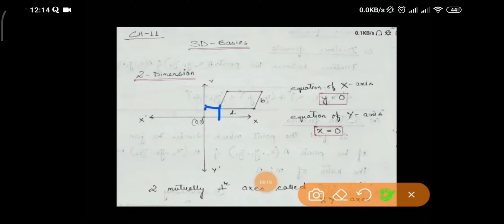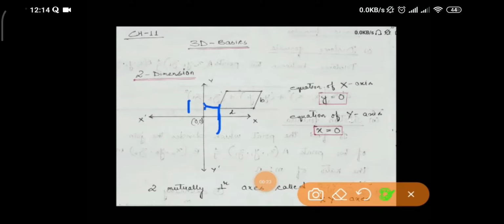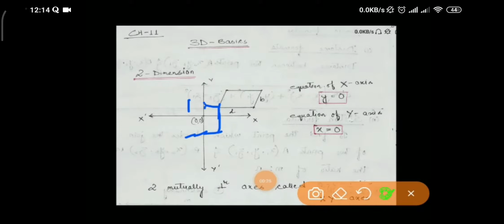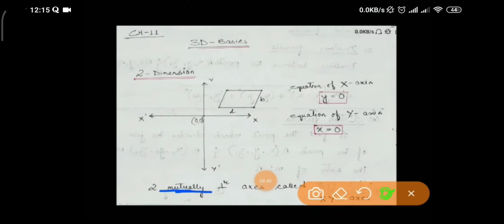You can see this is 90 degree, this is 90 degree, this is 90 degree, and this is 90 degree. So all are perpendicular to each other. So you can see two mutually perpendicular axes called xy axis.